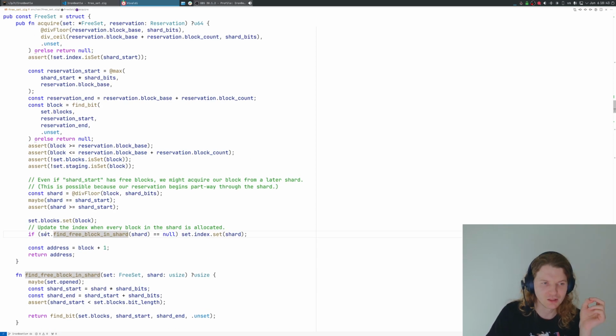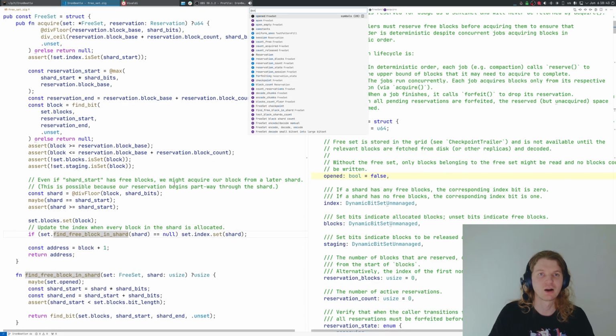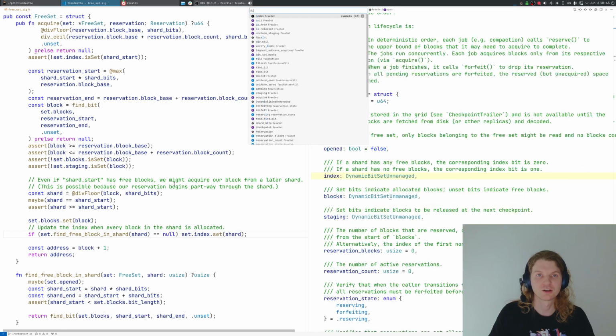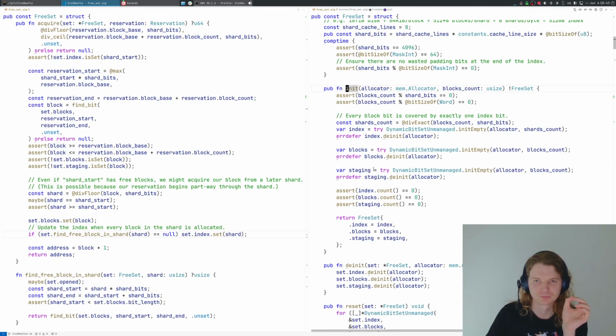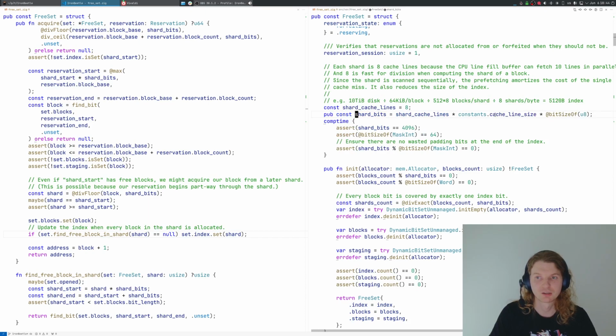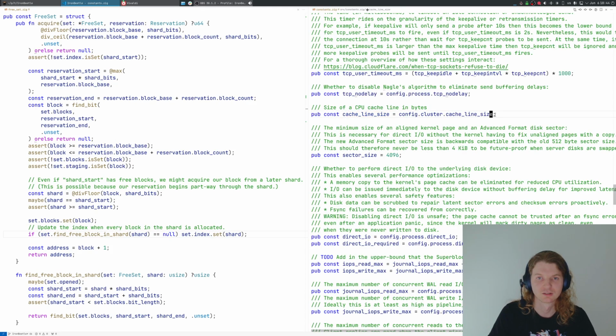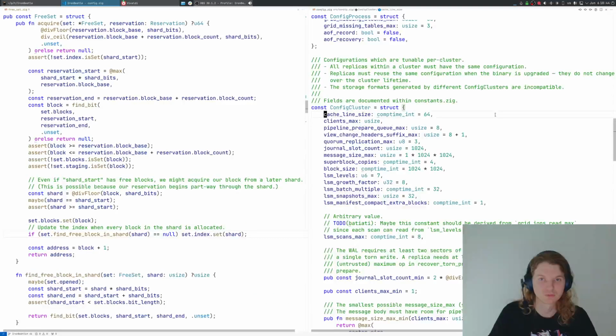Let's get back to our index and blocks. I guess at this point it will be useful to understand how this is allocated, just so we understand how large the shard is. So the shard count is div exact of block count by shard bits, and the shard bits is shard cache lines times the cache line size times the size of u8. So cache line size is 64.